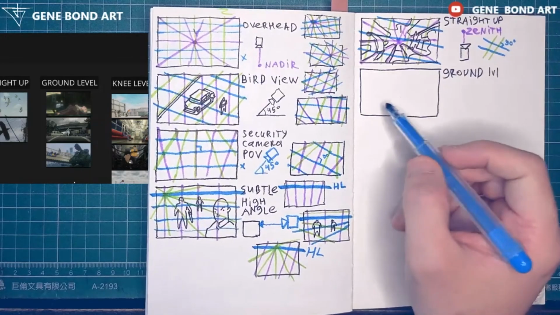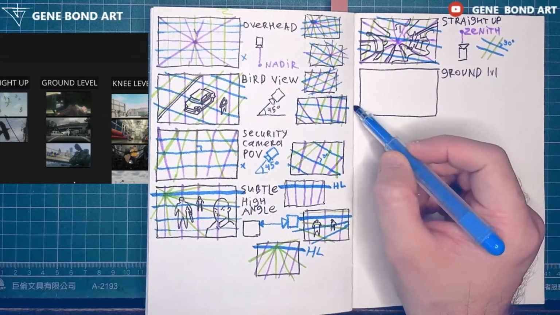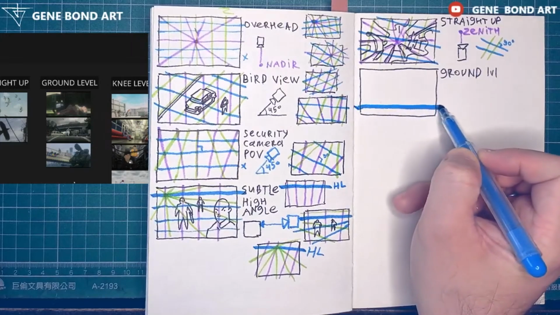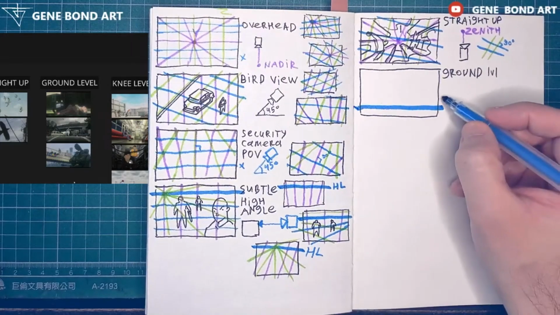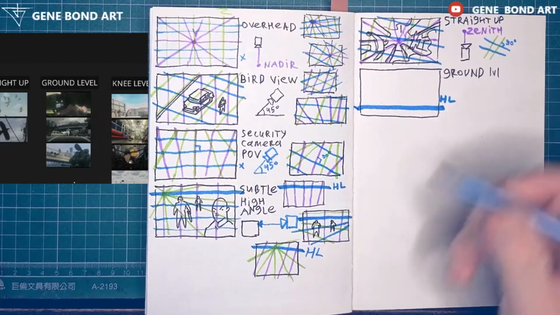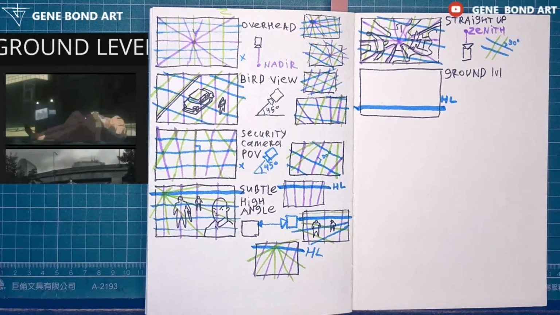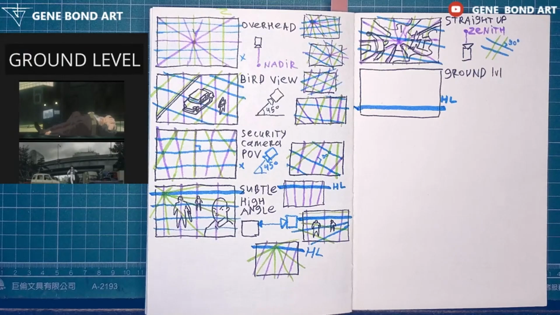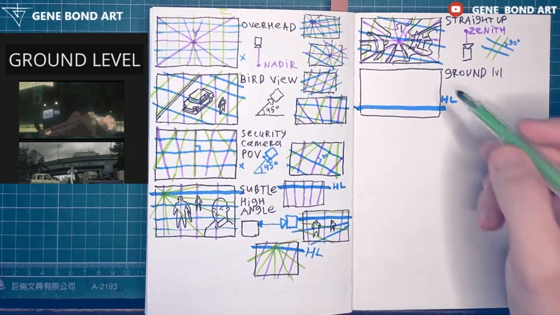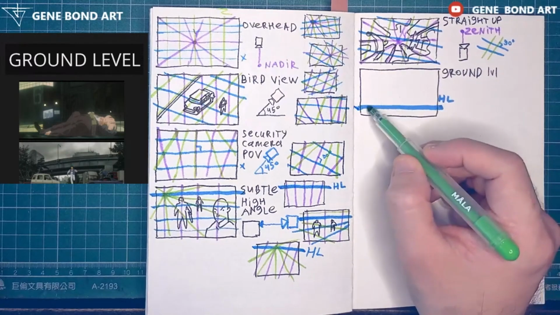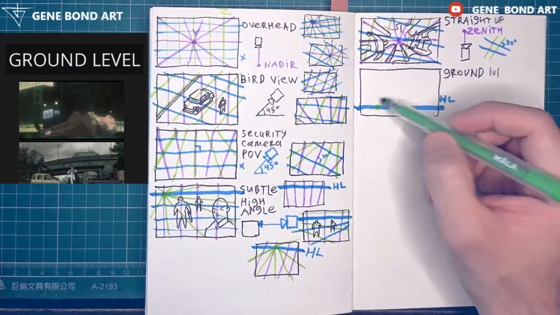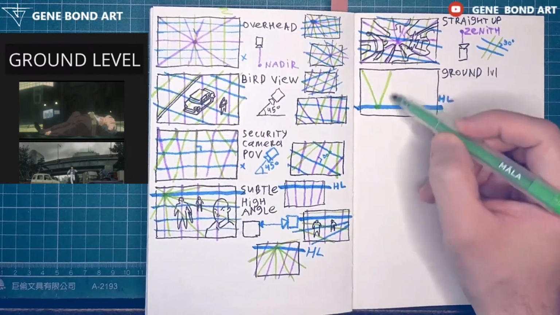And in this case we have the horizon line, but it's very low in the frame. So like here we have the horizon line. It's almost like a ground shot, but not quite. So we can have the vanishing point in any place on this horizon line.